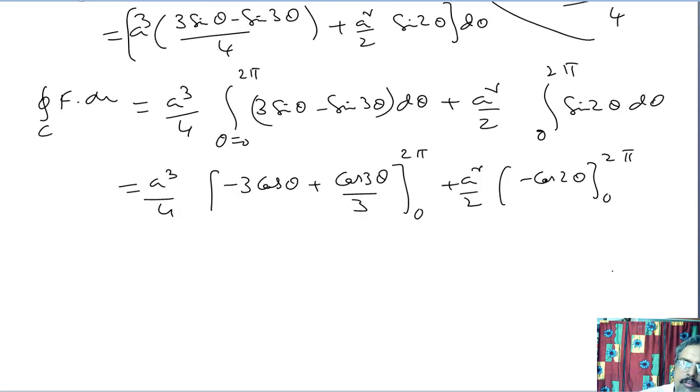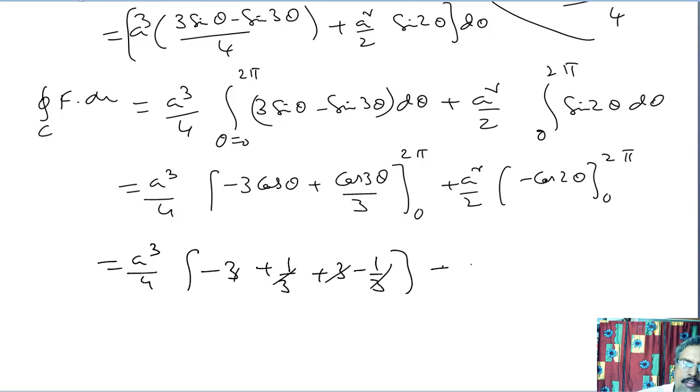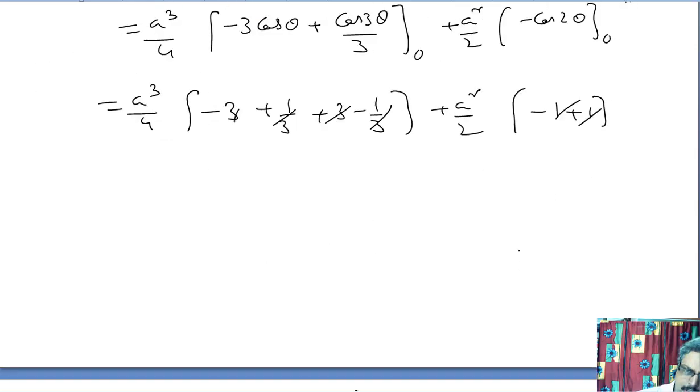So what is the value? 3a cube by 4 times minus 3 plus 1 by 3, again plus 3 minus 1 by 3, all cancelled. In a similar way, a square by 2 times minus 1 plus 1 cancels. Finally, the integral value is 0.